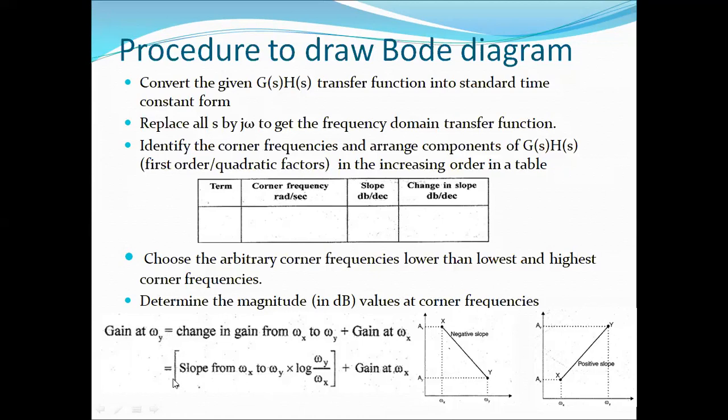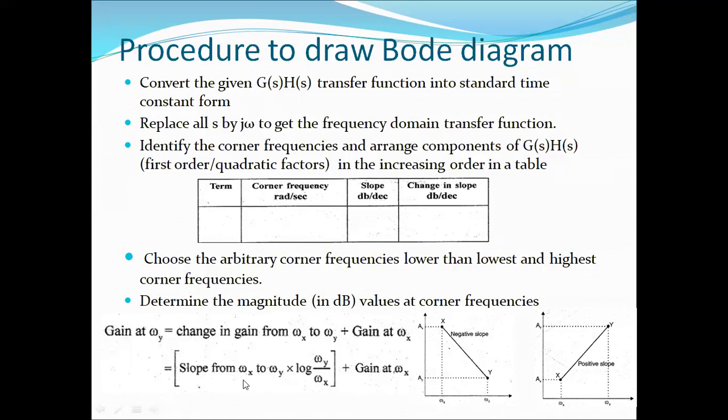So you can use this expression, which is equal to the slope from x to y. That you can get from the table, and multiply this with the log of omega y by omega x, that is, from the figure you can see what is omega y and omega x, and also you can get it from the table, plus the gain at omega x, that is the previous gain.